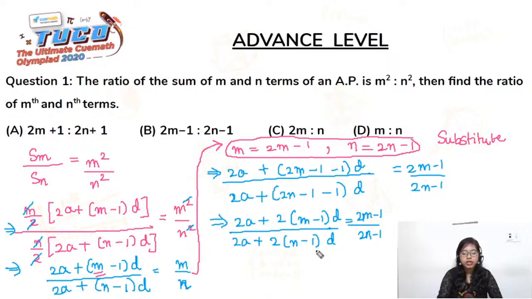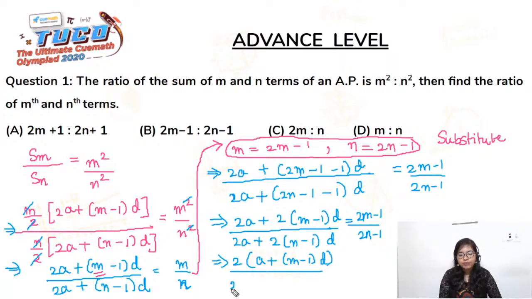So from here, you could take the 2 as a constant term, and a plus m minus 1d is what you would be left with inside. Below also, you would have a plus n minus 1d, which is 2m minus 1 over 2n minus 1.